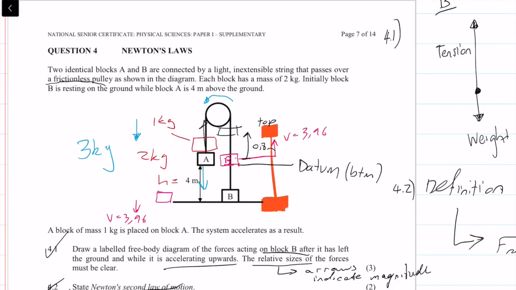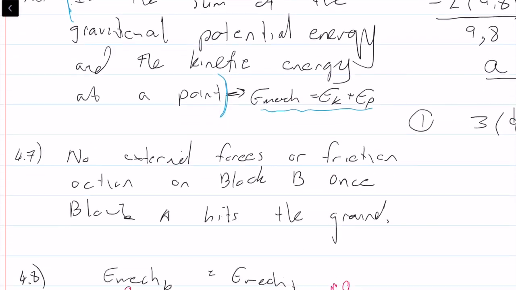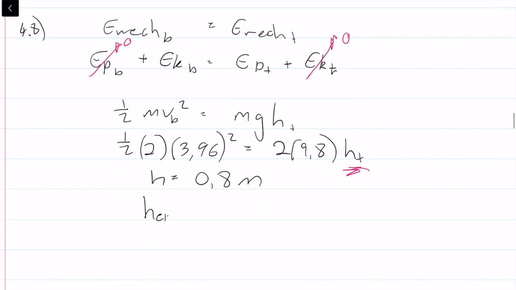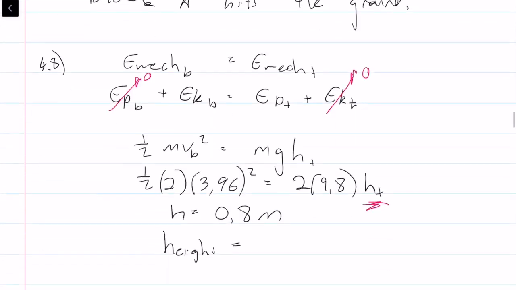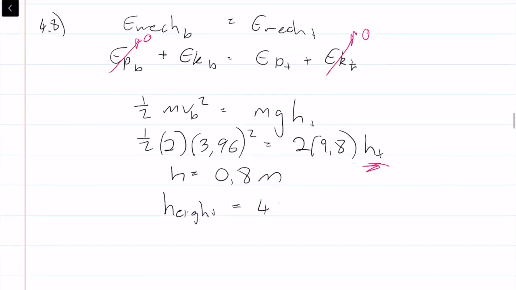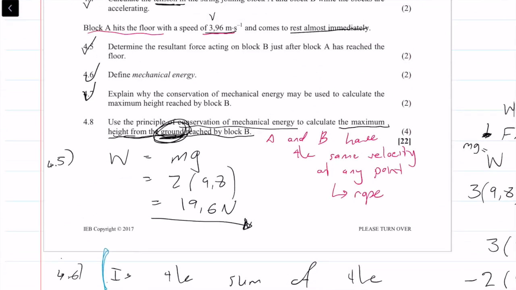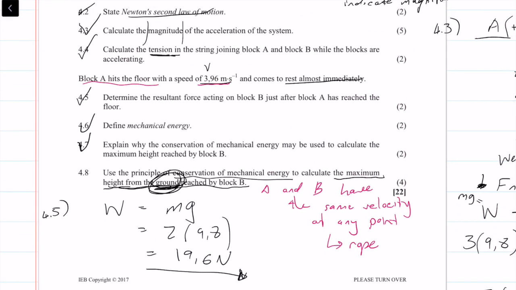So the height would equal the height to here, which is our 4 meters, plus 0.8, which is equal to the final height of 4.8 meters. And that would be our final answer, and we get ourselves 4 marks for that.